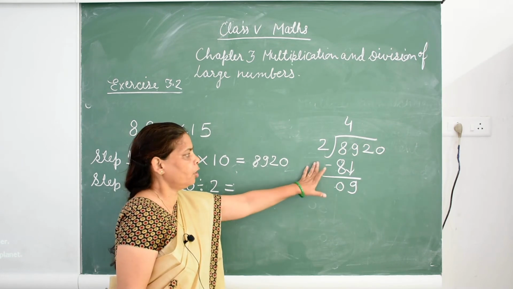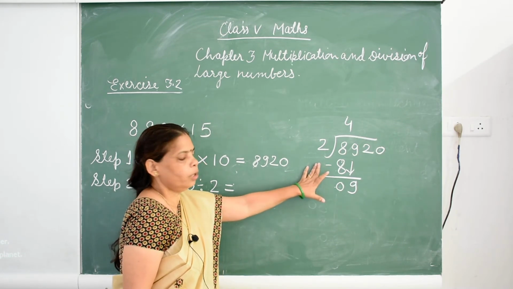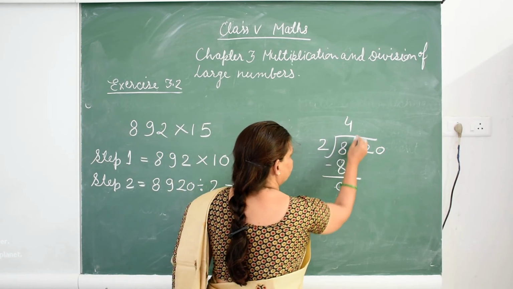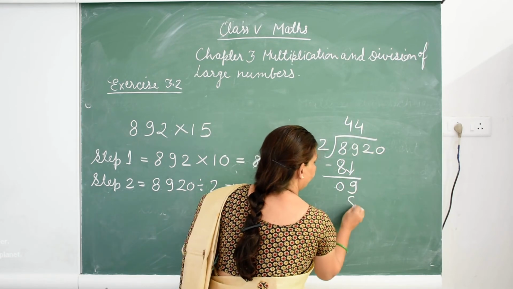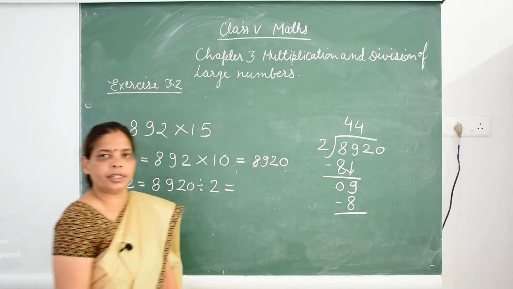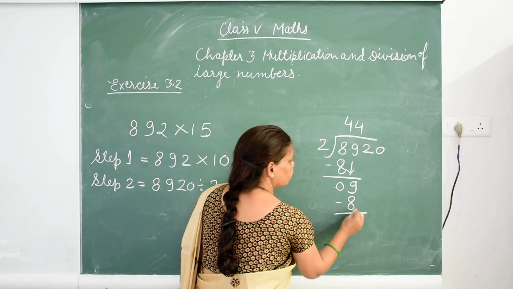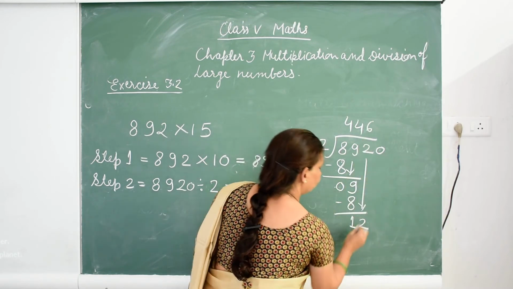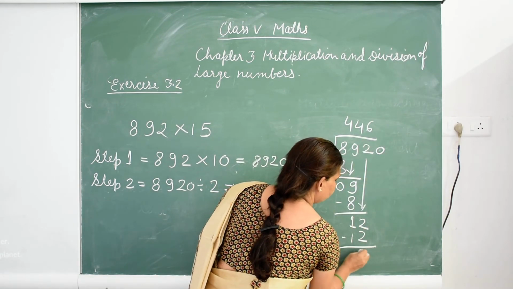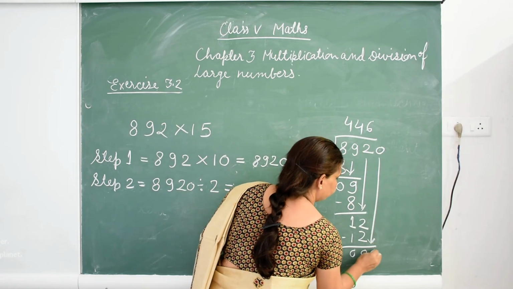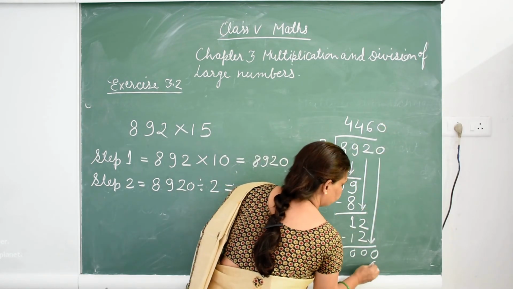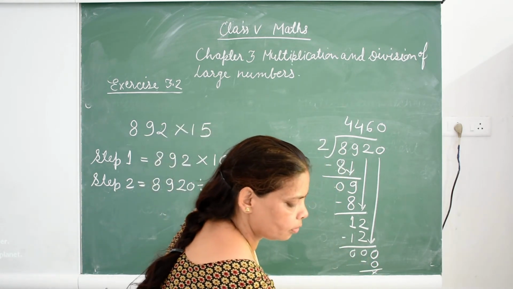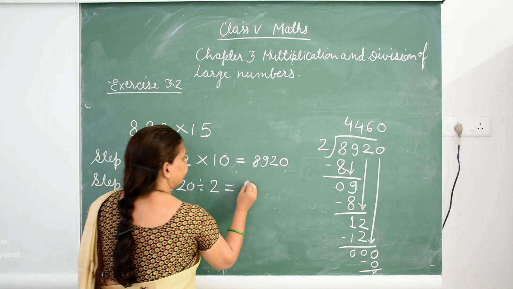How many times we read the table of 2 to get the number less than 10? 2 fours are 8, because 2 fives are 10, that is greater than 9. So 9 minus 8, 1. Again 2 we write here. So 2 sixes are 12. Again 0, and this 0 we will take here. So 2 zeros are 0. Understand? So we will get this number.